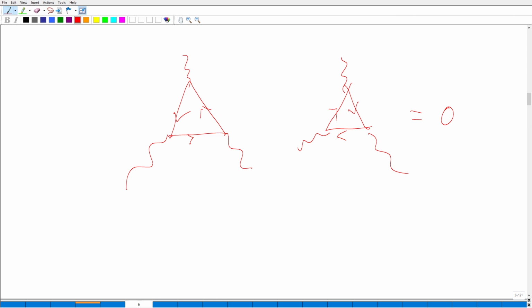So, when you add these two things together, you get a 0, and so 3-point functions in field theory in vacuum do not exist, and that is what is known as Furry's theorem.